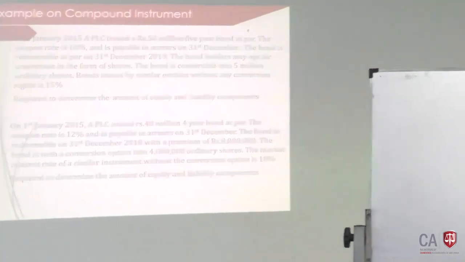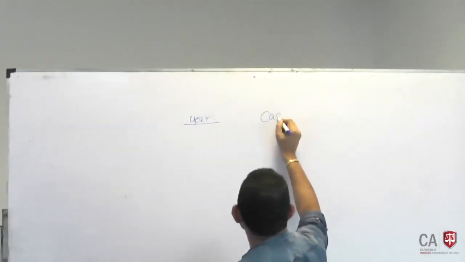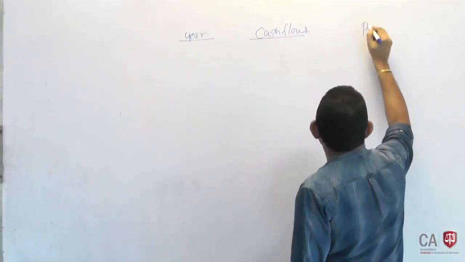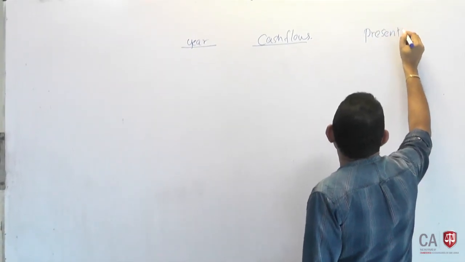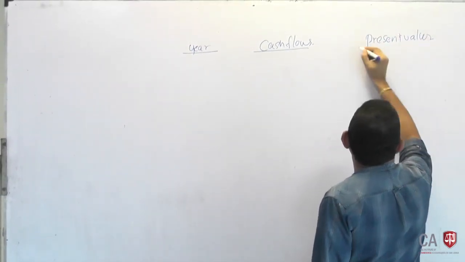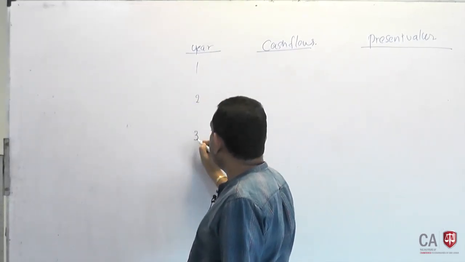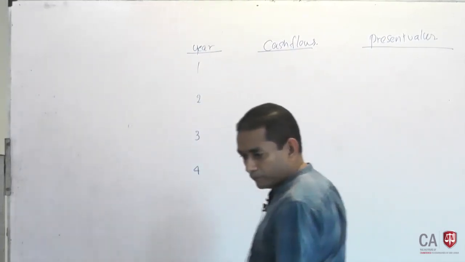Year, cash flows, present values: first year end, second year end, third year end, fourth year end.